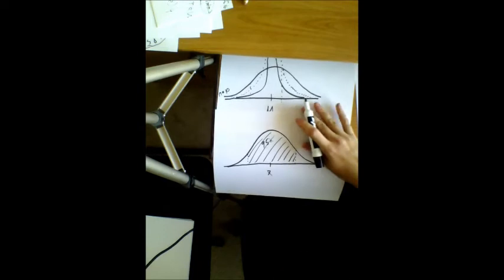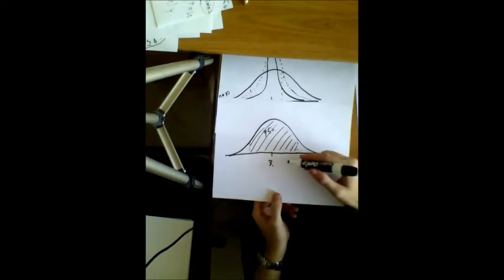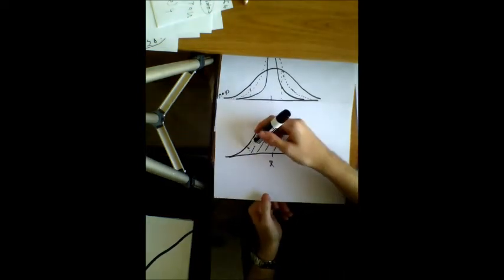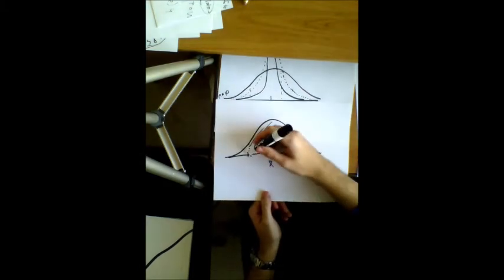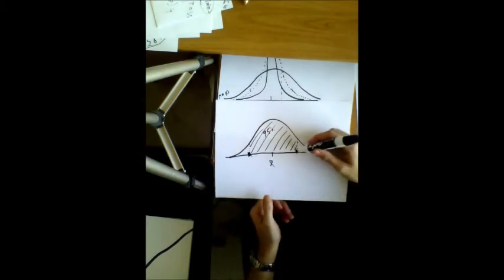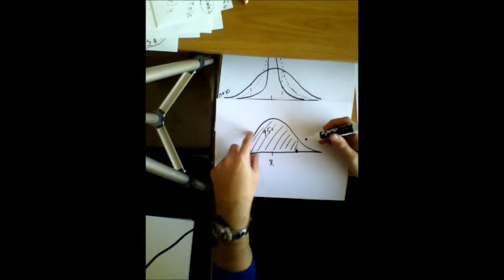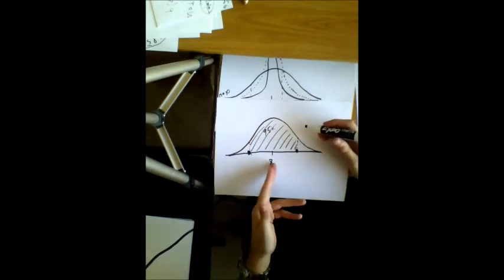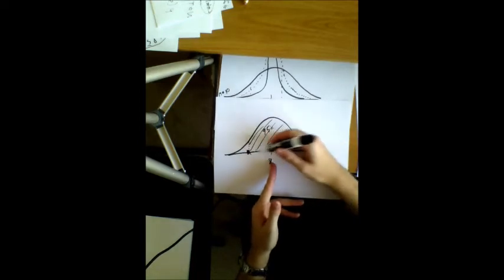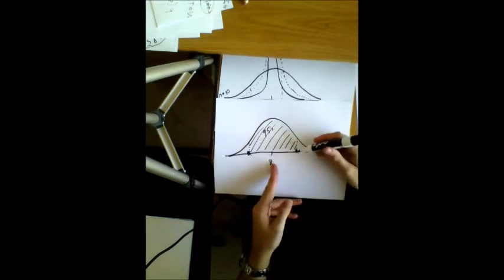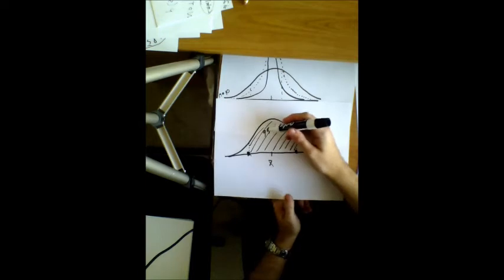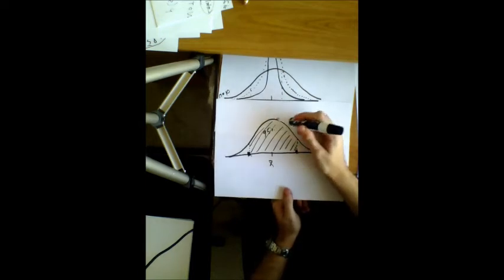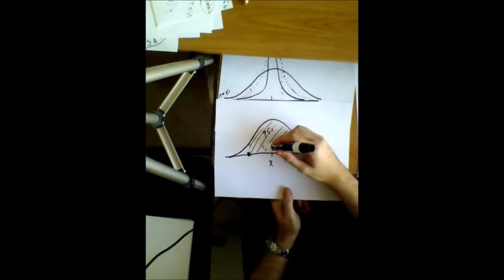So here's the translation. If this contains 95% of the data from here to there, what we can do is say, okay, well that means that there's a 95% chance that the population mean falls within this interval.